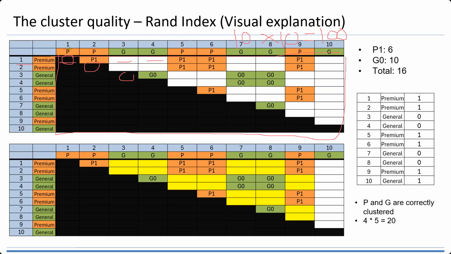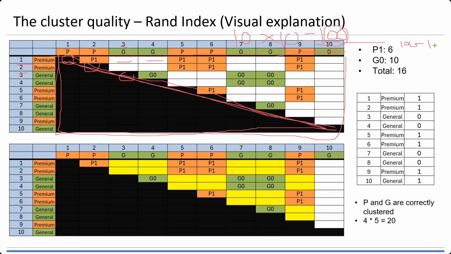1 and 1, so we do not consider that pair. 2 and 2, we do not consider that one. 3 and 3, we do not consider. So this diagonal, we do not consider it. And also, we do not consider this lower triangle. It means from 100 items, we will consider only the upper triangle. The upper triangle means we have 100.